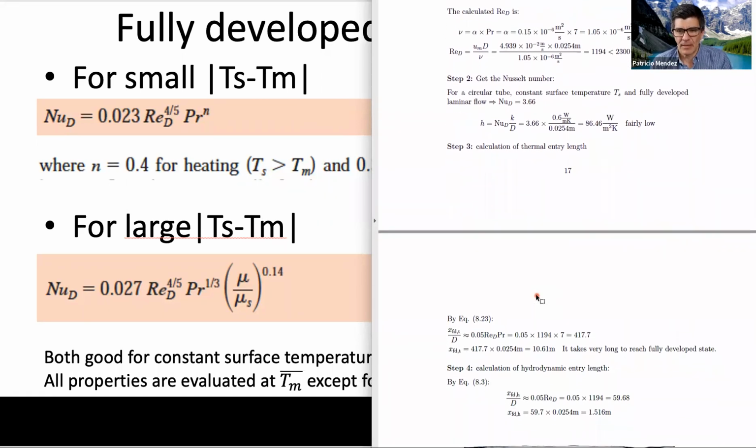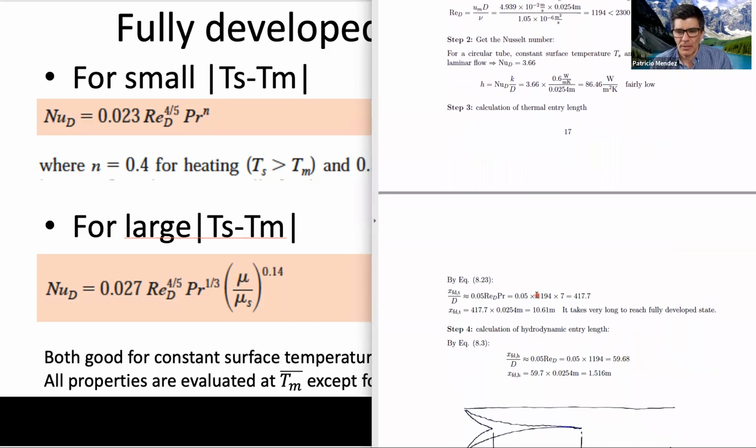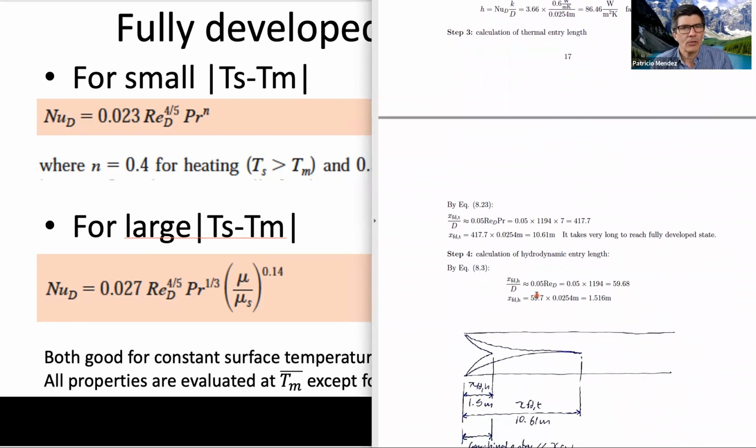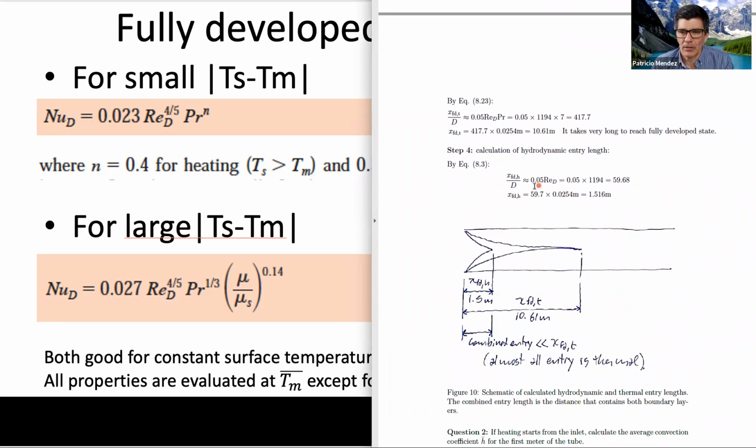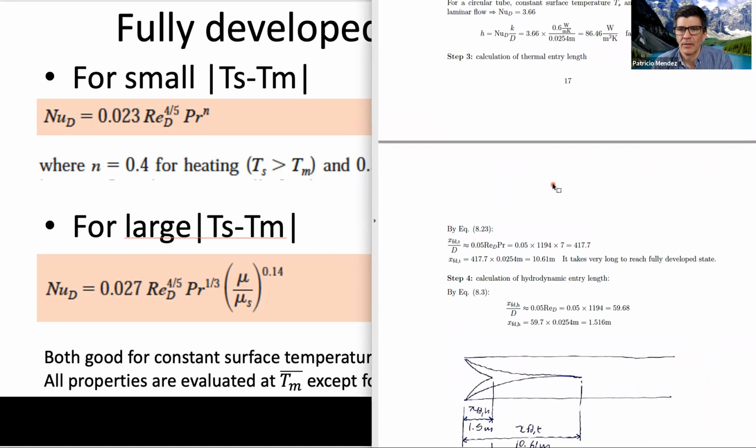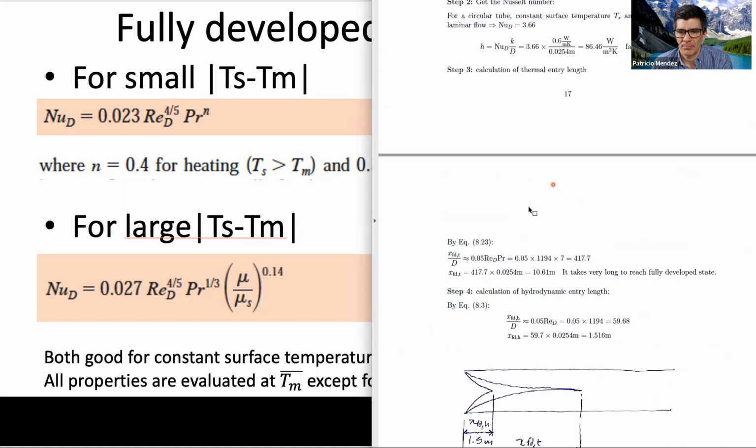Okay, they asked us the calculation of thermal entry length, but you already looked at entry length for the quiz, and you did awesome on that. You would calculate 0.05 Reynolds for hydrodynamic entry length, and 0.05 Reynolds times Prandtl for the thermal entry length. And what we get?